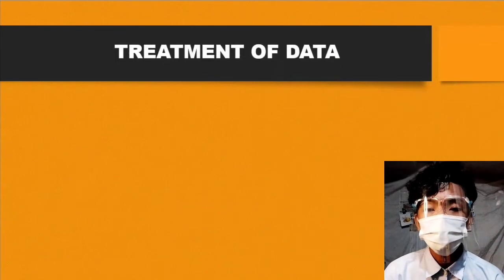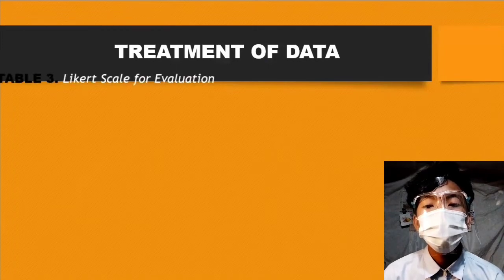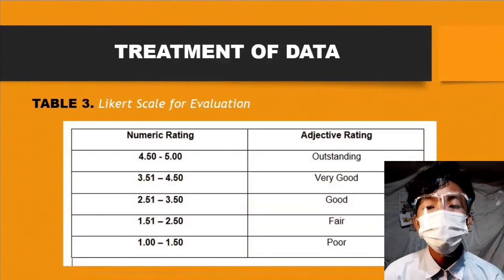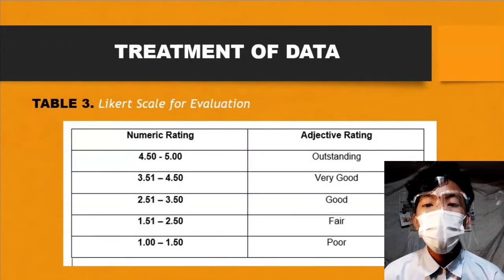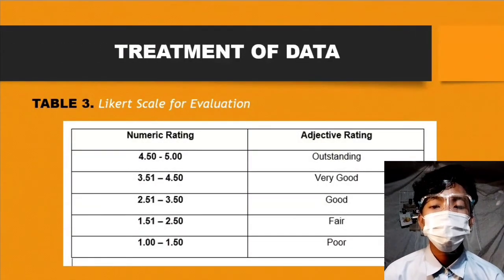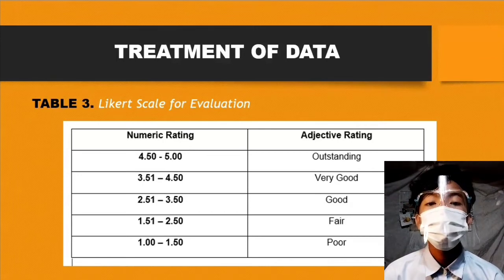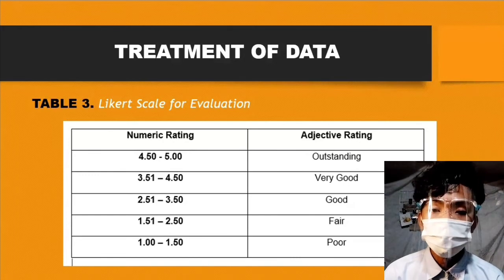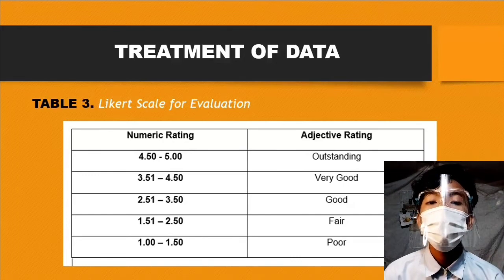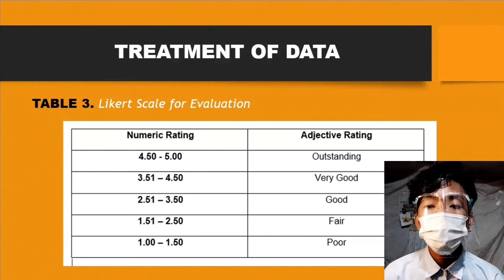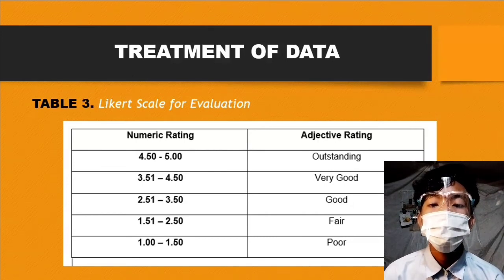In table 3, Likert scale for evaluation. It shows the numeric adjective rating for the evaluation, and it starts from 1 to 5 with different classifications. 1 to 1.50 has a poor rating, 1.51 to 2.50 has a fair rating, and 2.51 to 3.50 has a good rating.